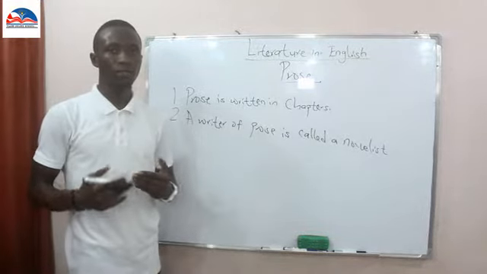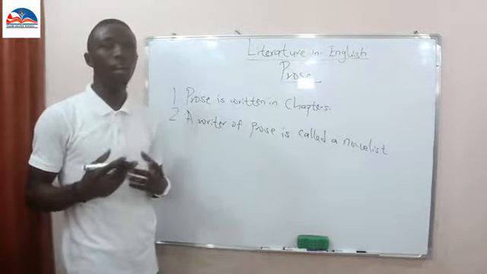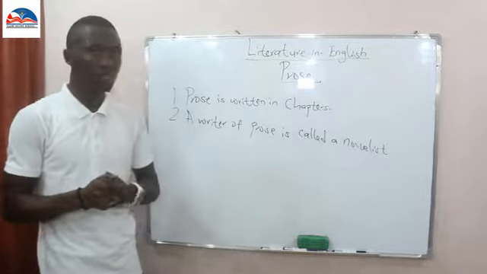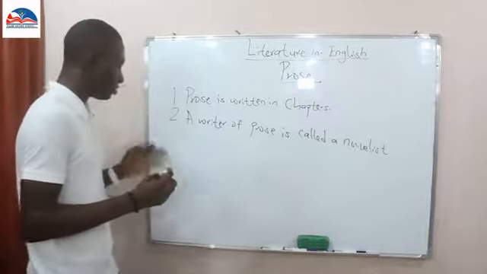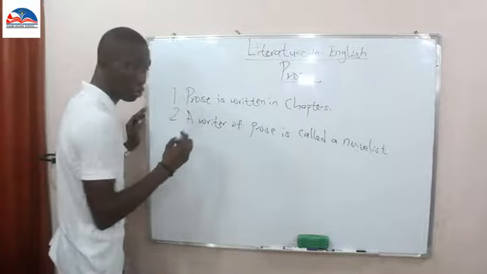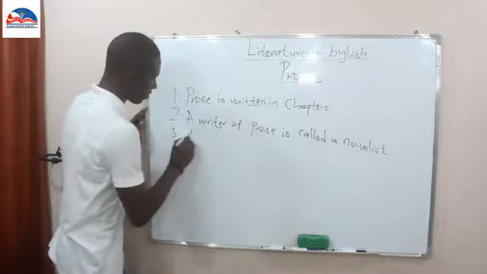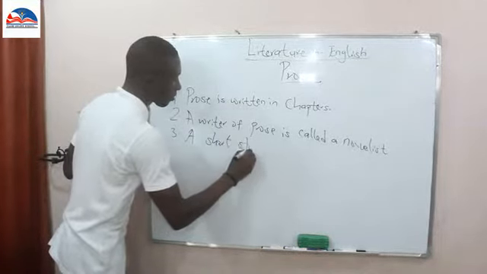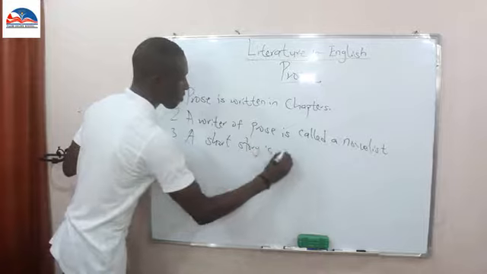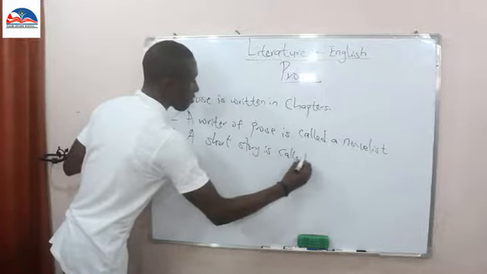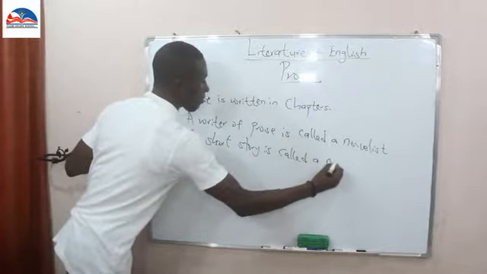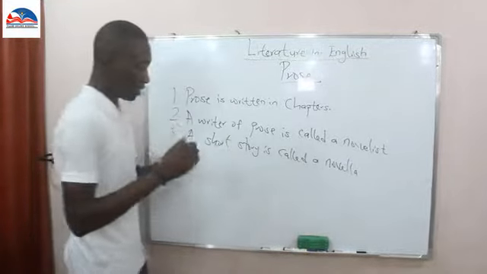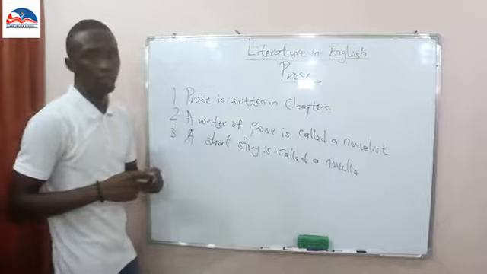And then something we want us to take note of is we have different types of prose. Different types of prose in the sense that when a novel is short, now viewers, a short story is called a novella.